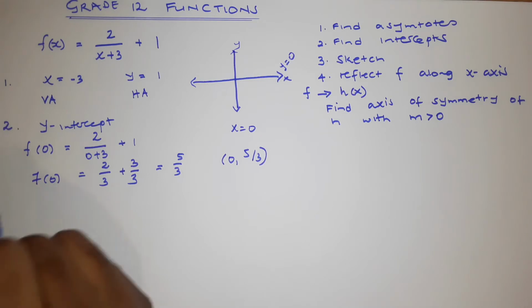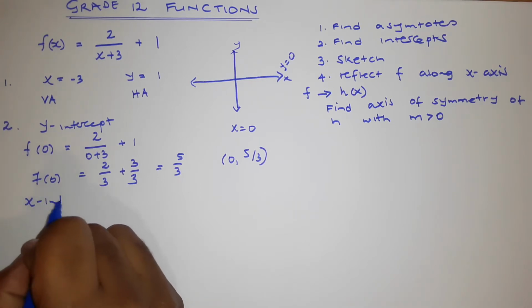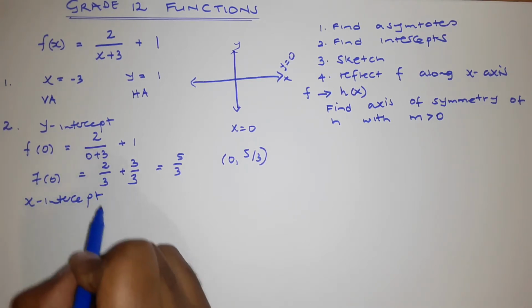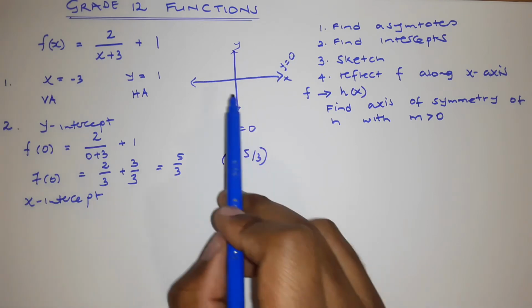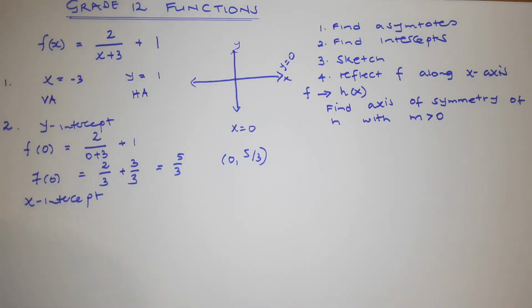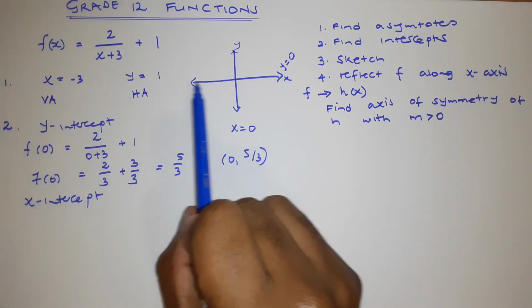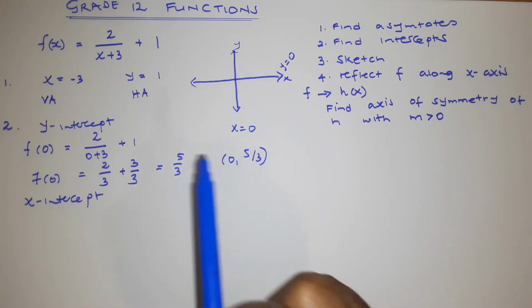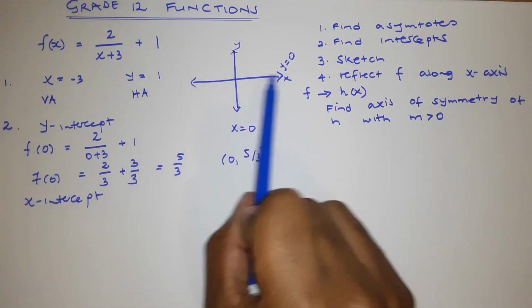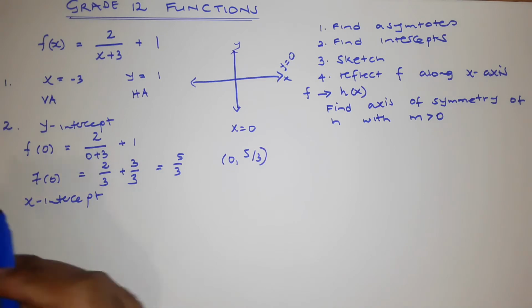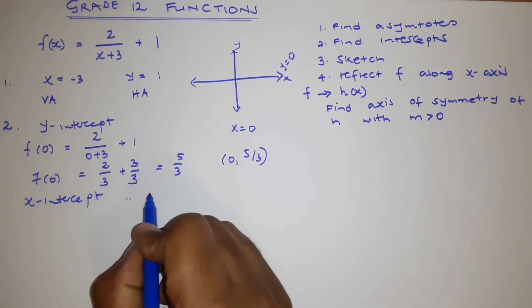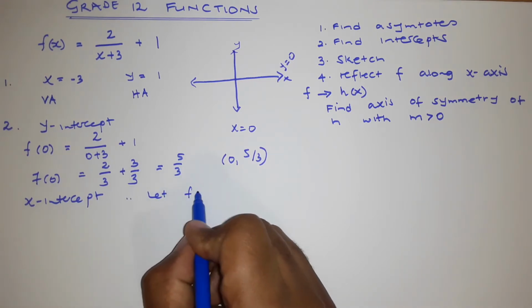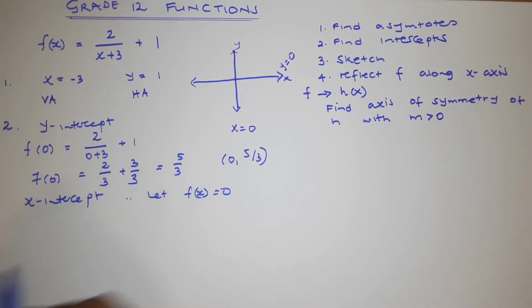Now for the x-intercept, this is where the function is going to cut the x-axis. At the x-axis, y equals 0, so f of x equals 0.